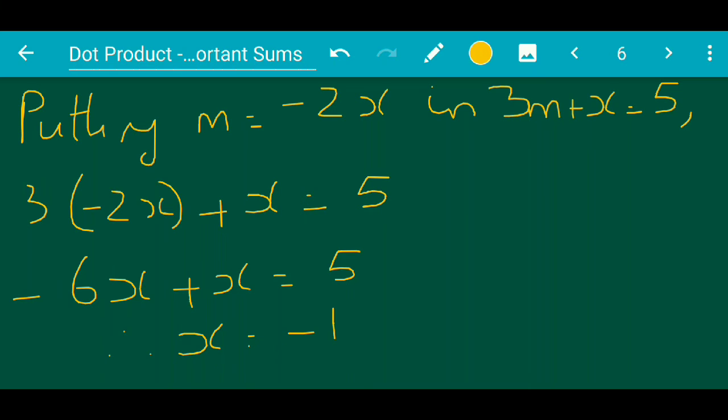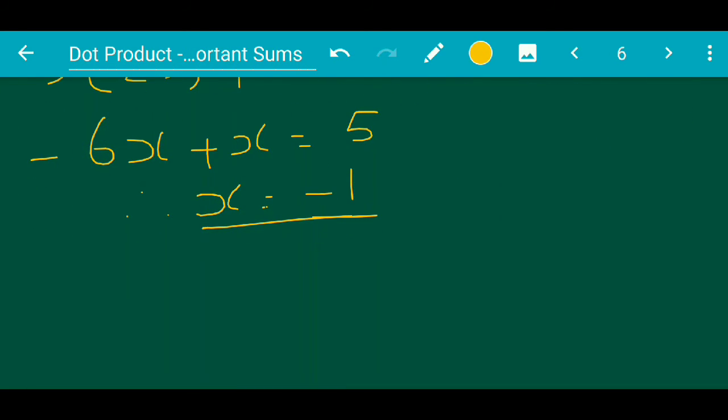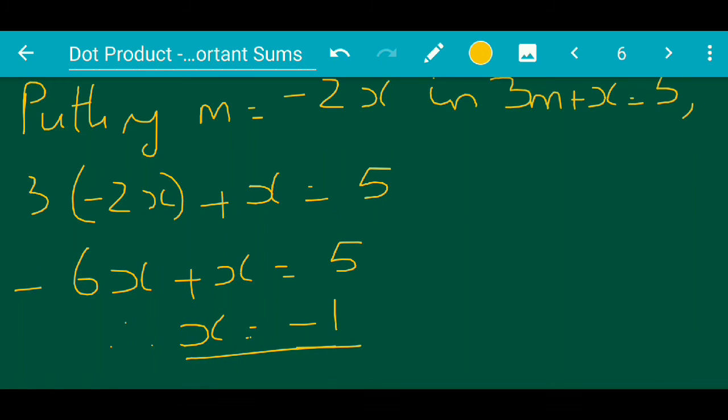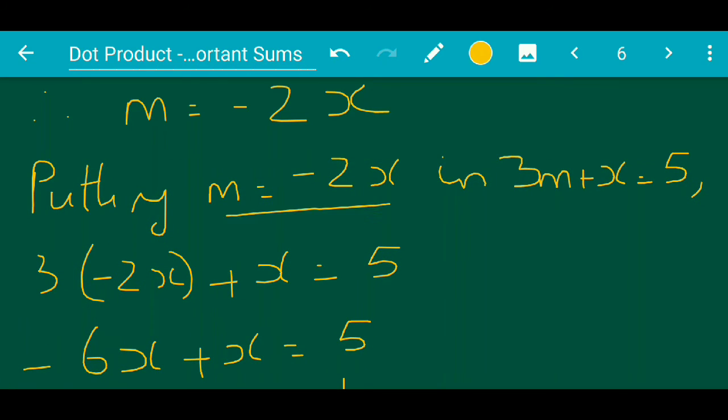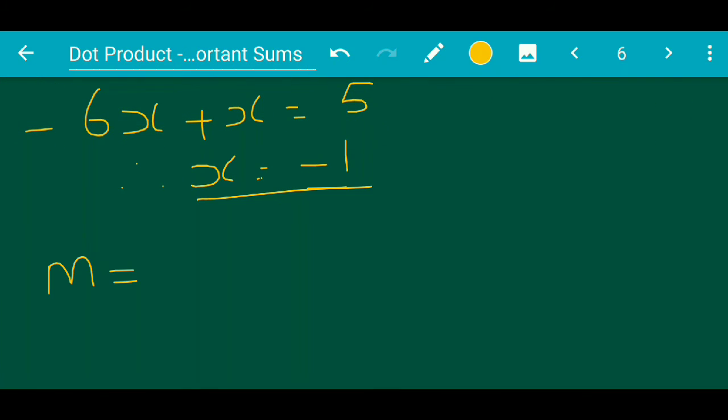So x comes out as minus 1, and then m, the value of m is actually minus 2x. Just now we saw this way over here. M is equal to minus 2x we got, and therefore m becomes minus 2 into minus 1, which is 2. So we got the value for m, we got the value for x and y as well.